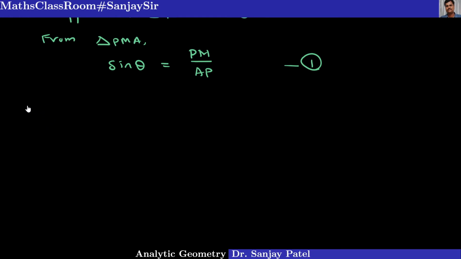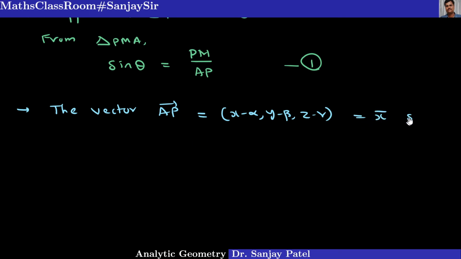Let me write, the vector AP is given by x minus alpha, y minus beta, and z minus gamma, and let us call this x bar.